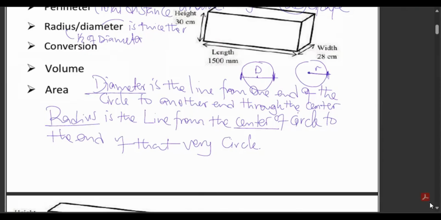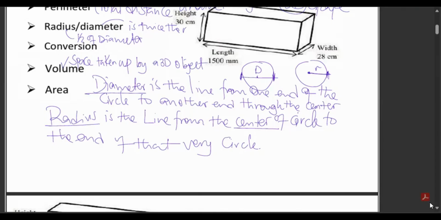Then, when we look at volume, what is volume? We shall say it's the space taken up by a 3D object or a 3D shape. All I need is the space taken up.